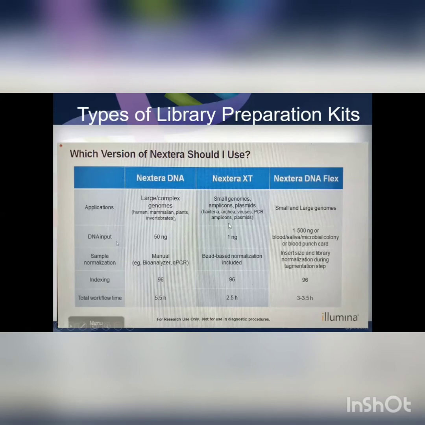And for small genomes, such as bacteria and viruses, you'd use the Nextera XT kit. For both small and large genomes, you'd use the Nextera DNA Flex kit. The DNA input would range from 15 nanograms with Nextera DNA to 1 nanogram with Nextera XT and 1 to 500 nanograms with the Nextera DNA Flex kit.